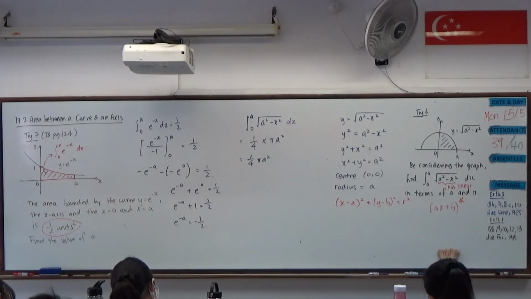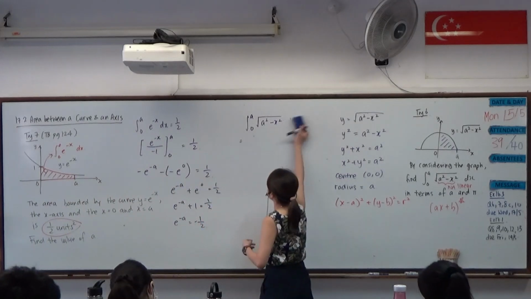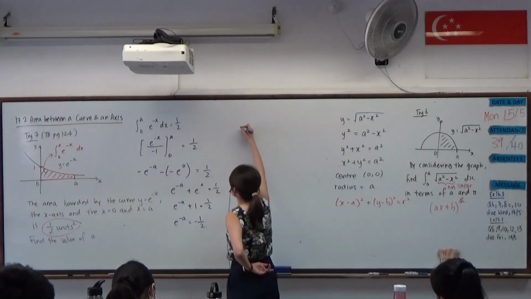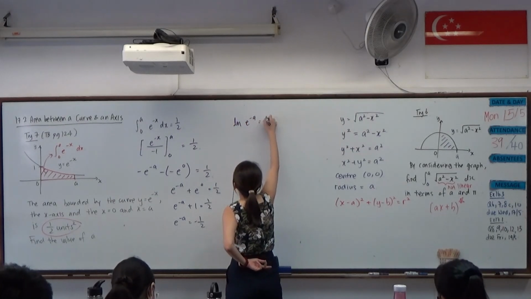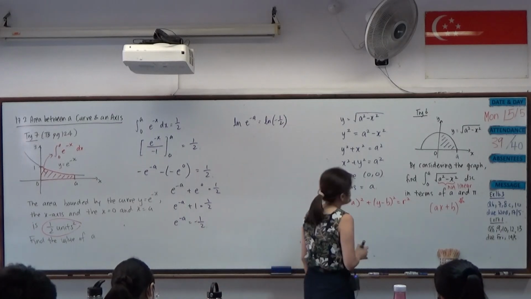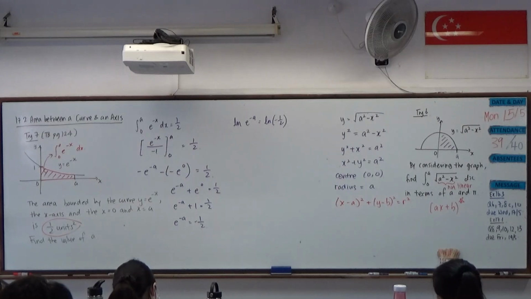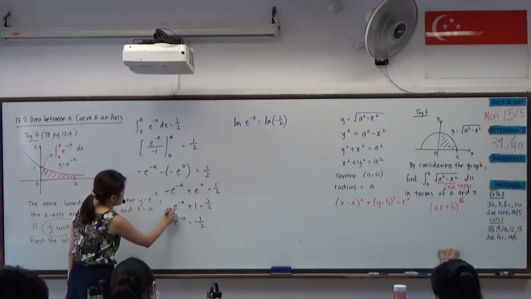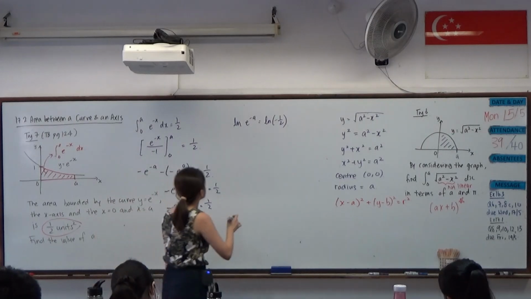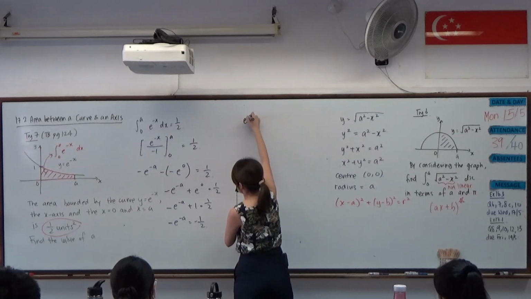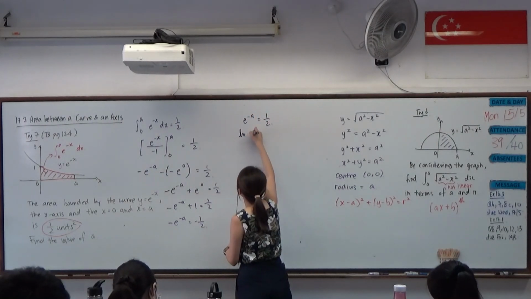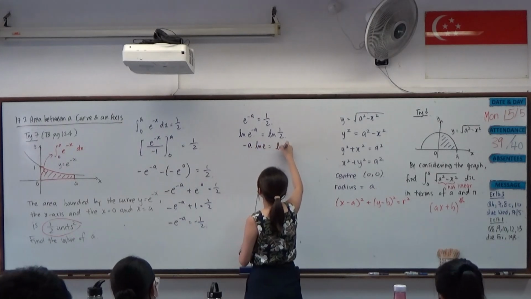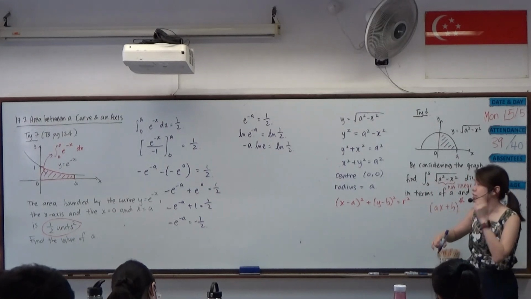Here we get e to the power negative a equals to negative half. Our question wants us to find the value of a, so we need to apply logarithms. ln e is actually 1.